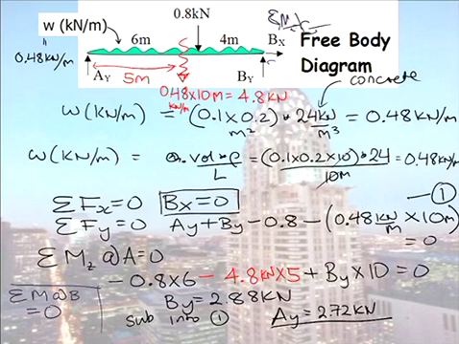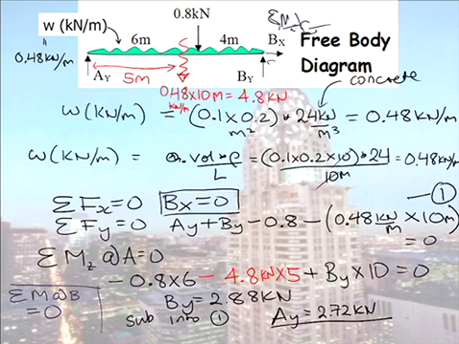You can walk out of the test and the exam saying, I got it right, I know I got it right because I checked myself. So if we take moments at B, have a look, we're now taking moments about B. The moment 0.8 times 4, is it positive or negative? Is it going clockwise or anti-clockwise?